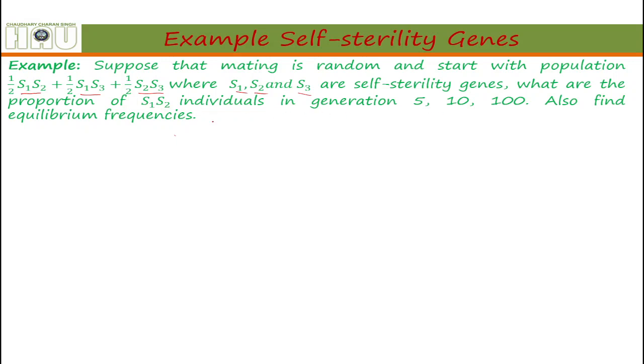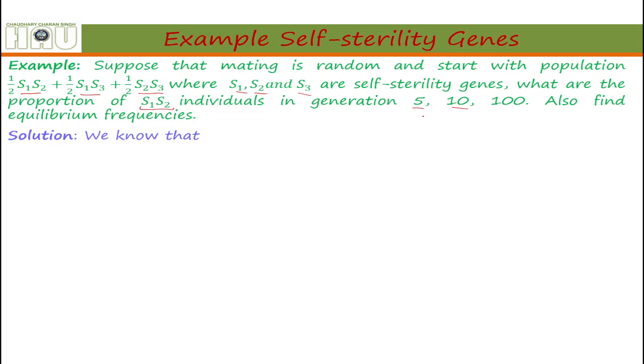We want to find the proportion of S1 S2 individuals in the 5th, 10th and 100th generation, and also find their equilibrium. It will explain everything we have derived so far.